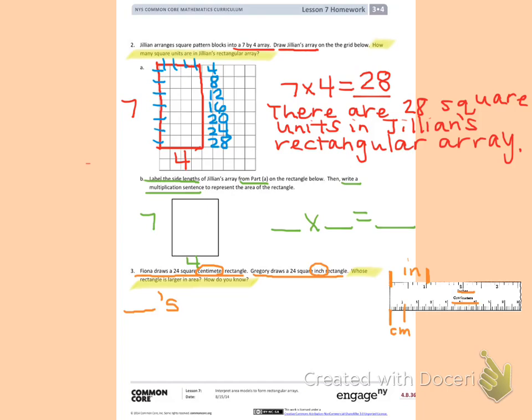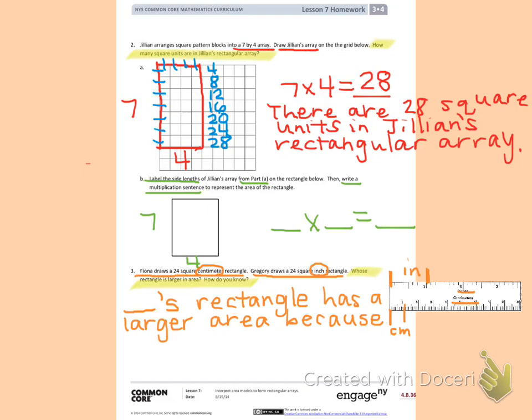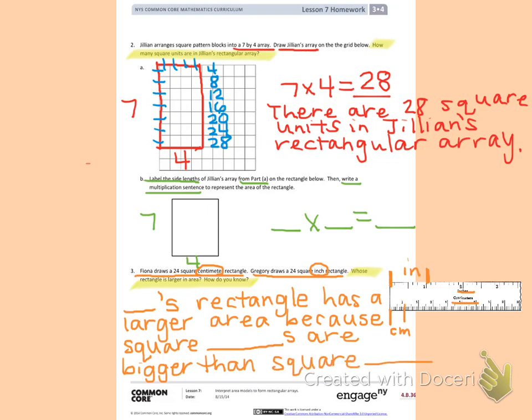So Fiona's or Gregory's rectangle has a larger area because square blanks are bigger than square blanks.